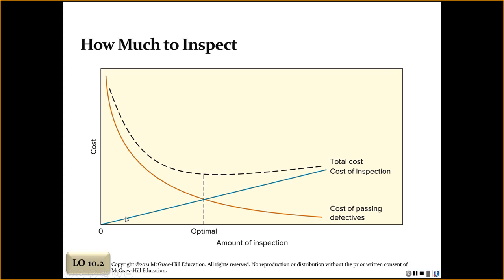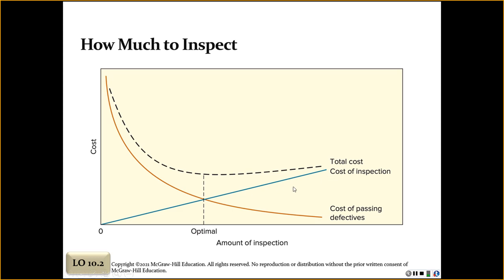The x-axis is the amount of inspections, and the y-axis is the cost. So if you do little inspection, the cost is up here, and that cost is going to be passed on to the customer. It's going to be a higher cost.